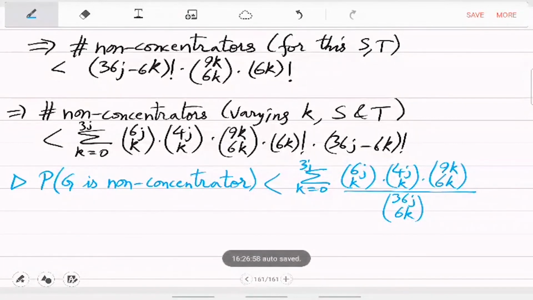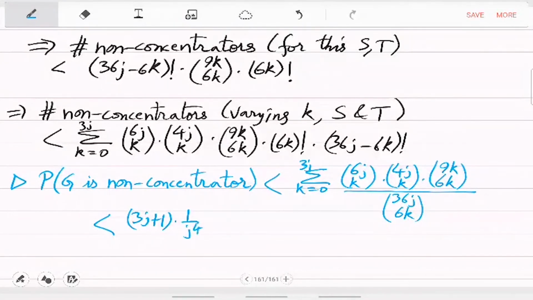So that's the probability, and with some effort basically look at the value k equal to 0 and the end value k equal to 3j, and from that you can deduce the way this function grows. You can deduce that the sum is actually small. This is actually smaller than each of these summands. In fact, they are smaller than 1 over j to the 4. So it is in particular less than 1.